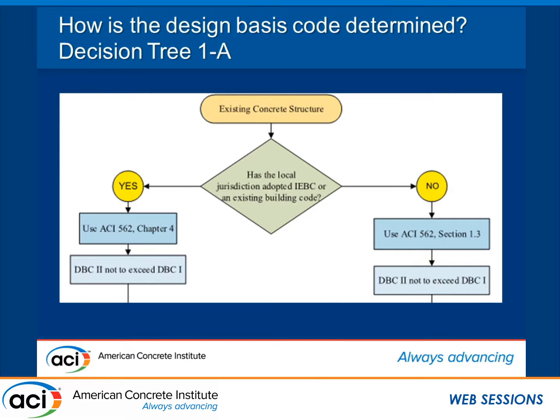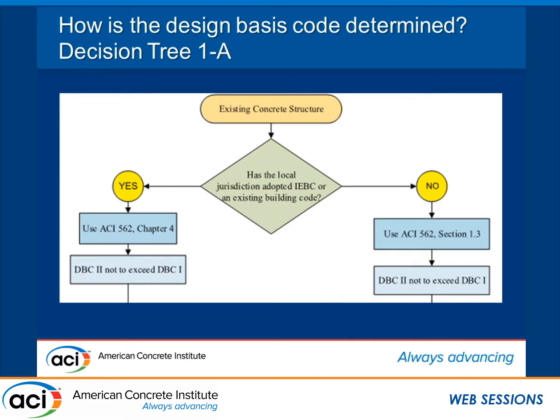It is specifically written for buildings. Doesn't mean it's not applicable to slabs on grade or water tanks. Many of the provisions are still applicable, but this is left up to the licensed design professional to make that determination of how to apply this code.